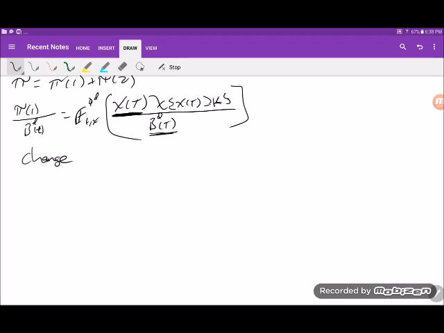I'd love to be able to cancel out this X. So we're going to change measure, change numeraire, from the domestic bond to the foreign bond in domestic currency. And if you remember, that is simply equal to the exchange rate times the domestic bond.